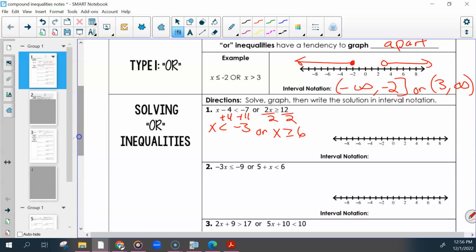Then we would graph that. Open circle at -3, going to the left. Closed circle at 6, going to the right. And if we're writing that interval notation, how would that look?